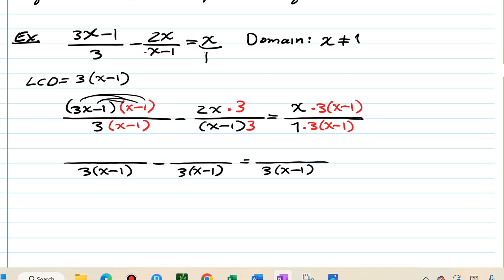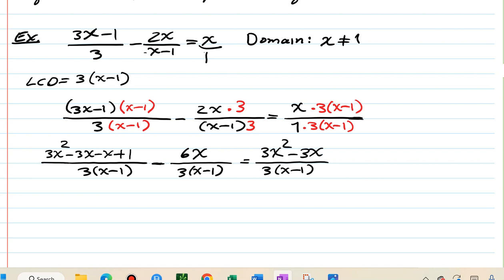We've been doing many of these, so you can follow the work. 3x squared, negative 3x, minus x, plus 1. There's my FOIL. The middle fraction, 2 times 3 would be 6x, and on the right side I have 3x times (x minus 1). That's 3x squared minus 3x.